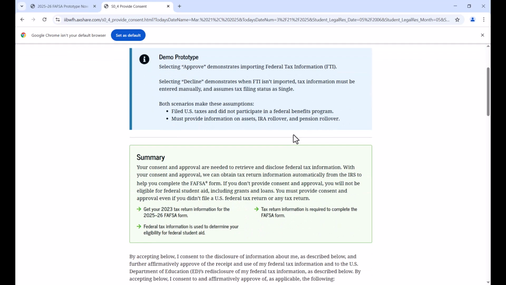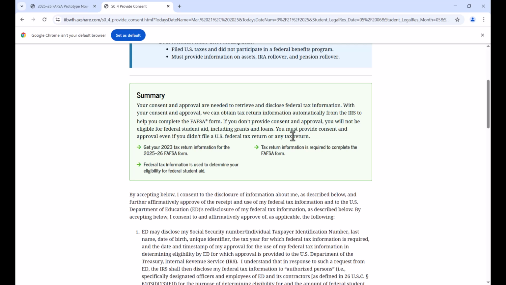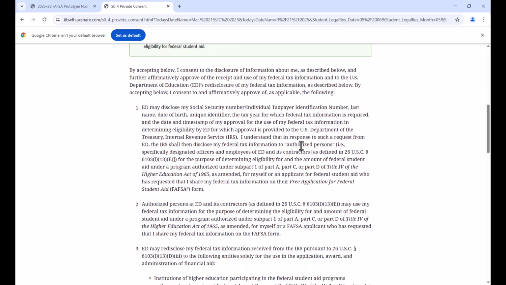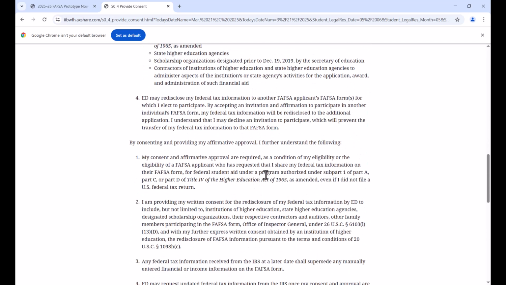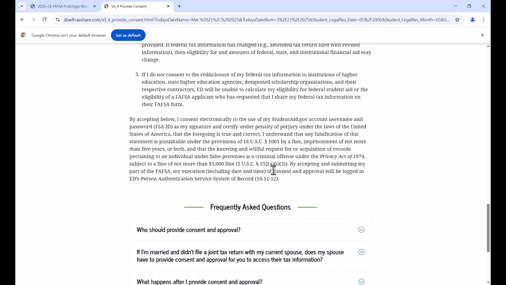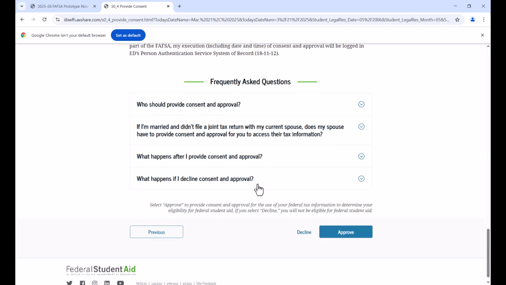So it is important for you to provide that consent and approval. If you would like to go through and read all of this information about what's actually taking place, you can definitely do so. But the biggest thing to remember is that it is important for you to provide consent and approval so that you can receive federal student aid if you are eligible for it.